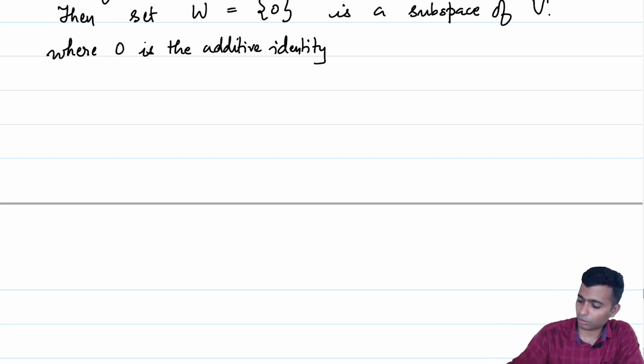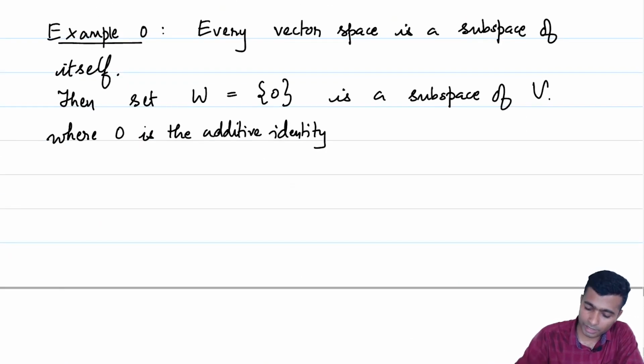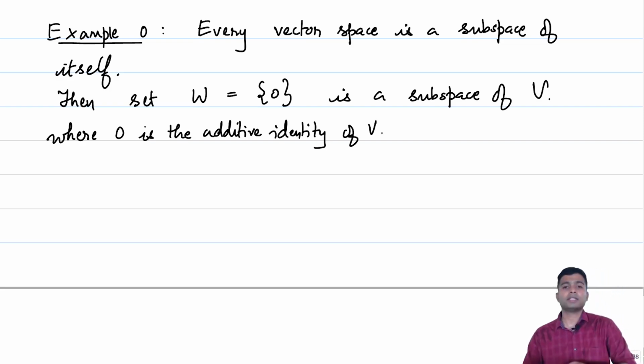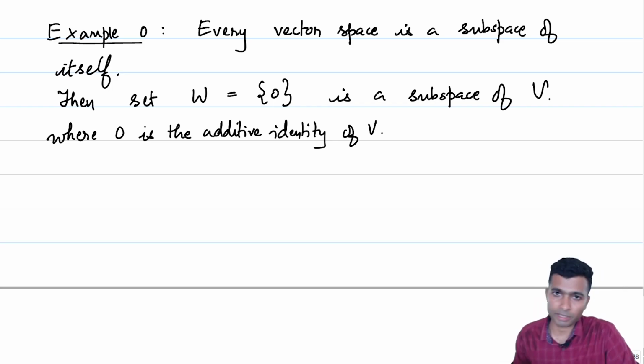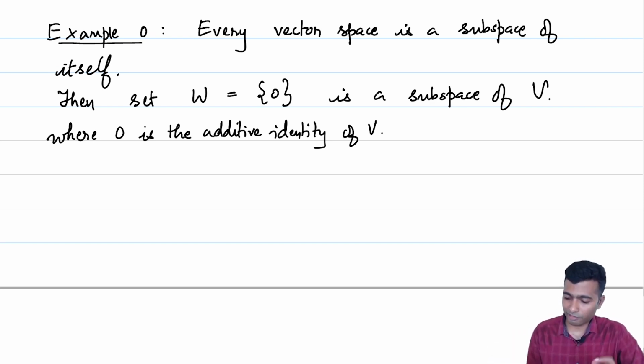But yes, it is also realized as a subset of V, and yes, it is a vector subspace of capital V. So, these are the first examples of subspaces I would have liked to give, but that is okay.